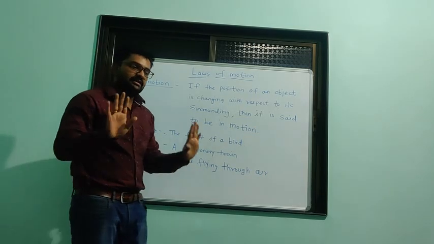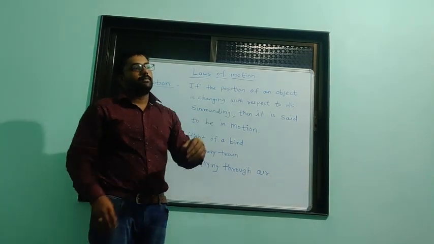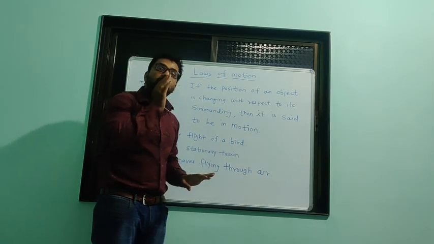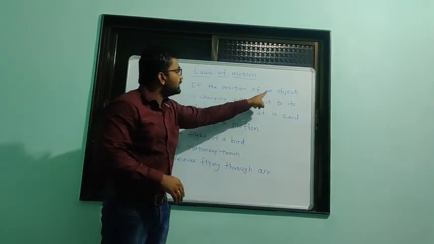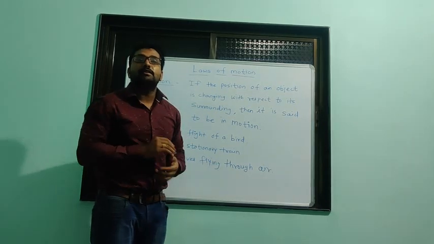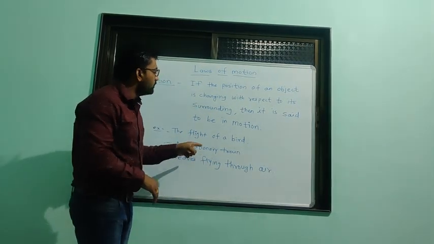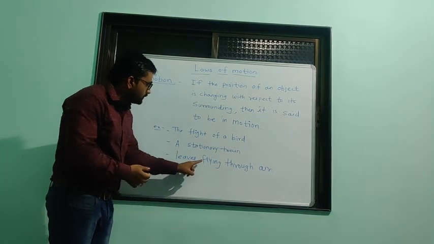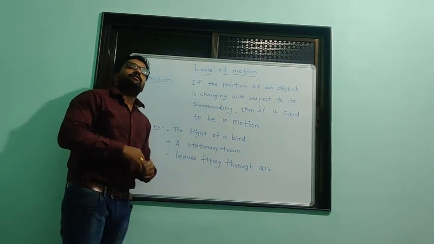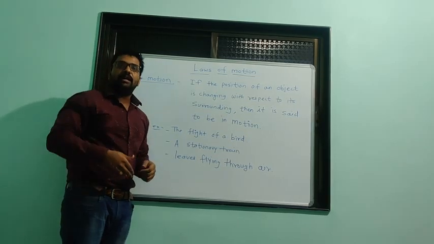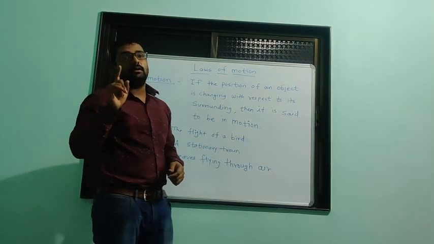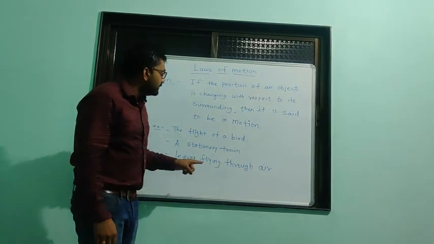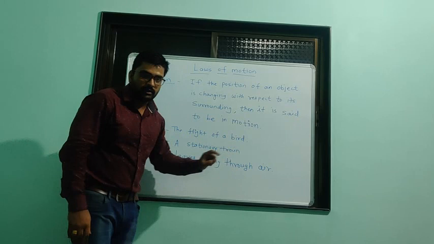If a train is stationary, it is in front of us but it is not moving, then its position does not change with respect to the surrounding, so that object is called a stationary object. And third is leaves flying through air. If a leaf is cut and flies through the air, then at that time also its position continuously changes, so this leaf is also in motion.